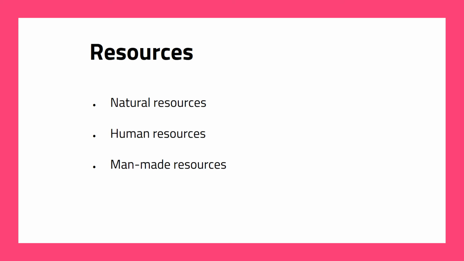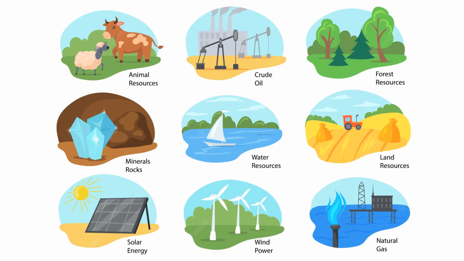Resources include everything in the world that we can use to produce goods and services to satisfy our wants and needs. It's usually classified in the following three main groups: natural resources, human resources, and man-made resources. Natural resources such as land, water, minerals, animals, and plants.